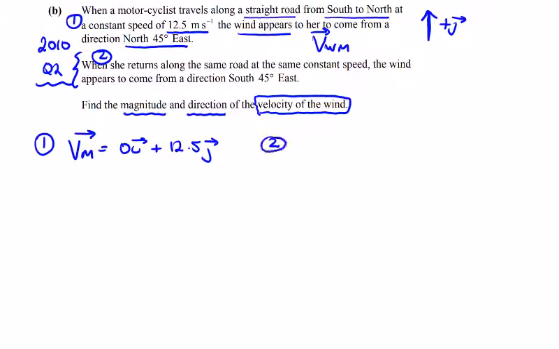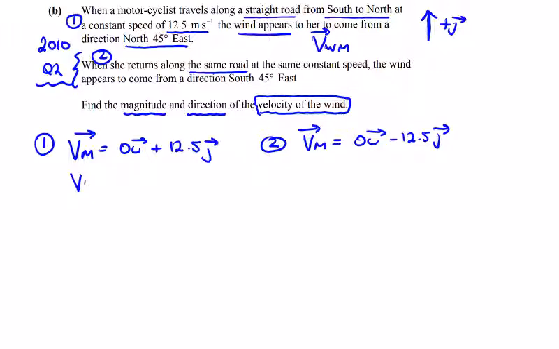In scenario 2, the velocity of the motorcyclist is 0i, and it's coming down the same road at the same speed, just a different wind, so minus 12.5j.